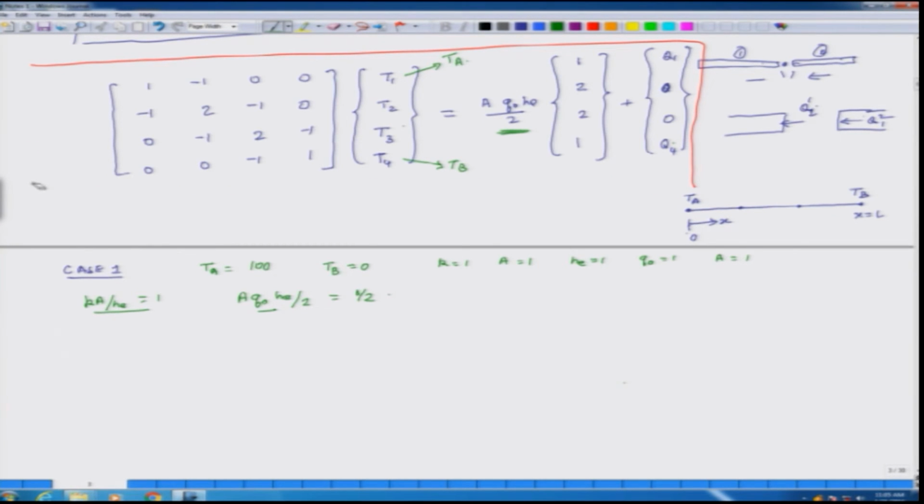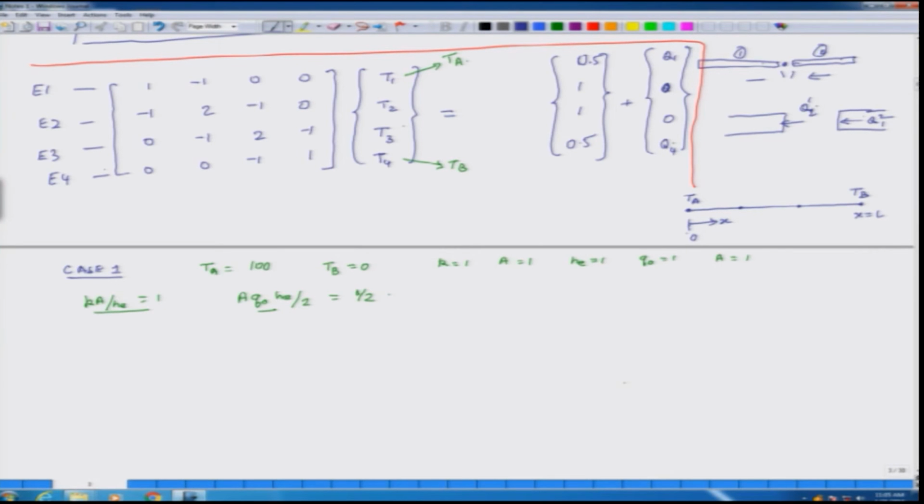So, that goes away and this term becomes half, and if I put it inside, this becomes 0.5 and this becomes 1, 1 and 0.5. So, I will call this equation 1, equation 2, equation 3 and this is equation 4.